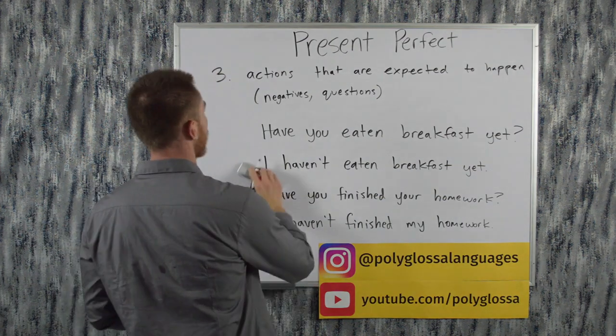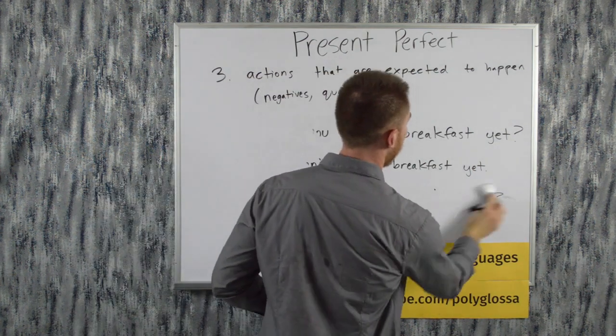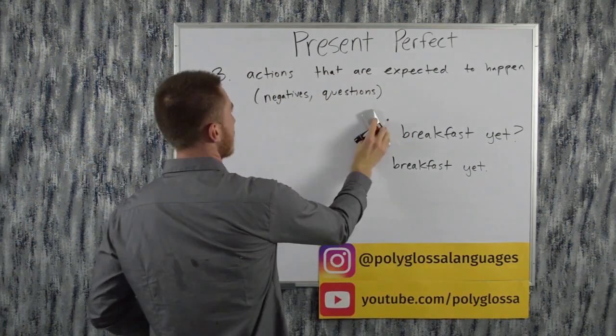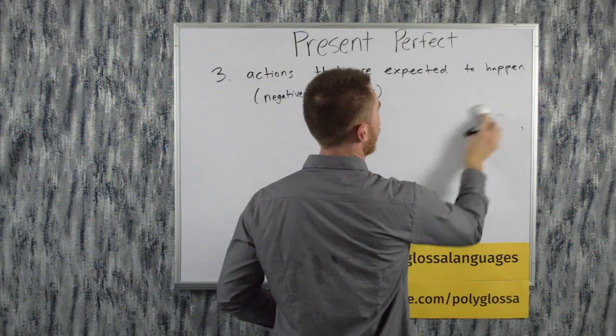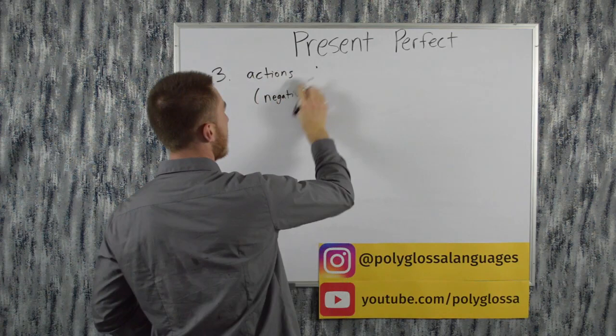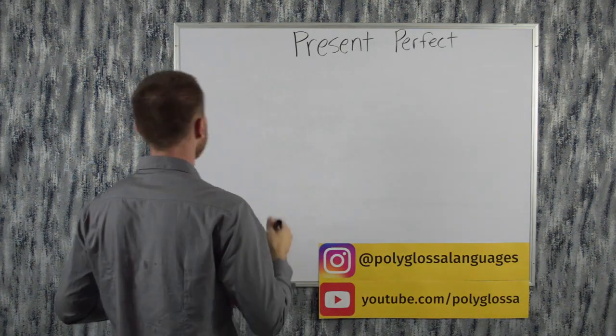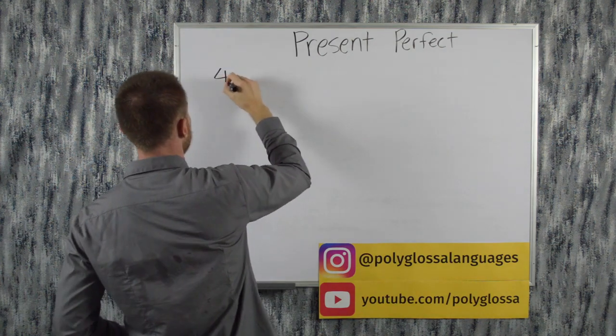So this is the third usage. It's talking about expected actions, actions that are expected to happen. And we only use it in American English with negatives or questions, okay? So now, let's look at our number 4 usage.